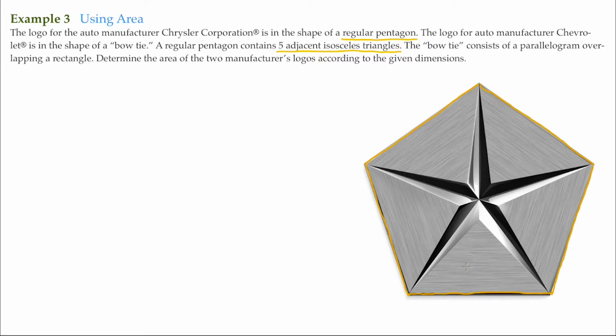Here's one right here, and then there's 5 of them. So I'm going to outline one of those triangles. I'm going to go right to the center here of our pentagon, and outline one of the triangles. So this is what we have.